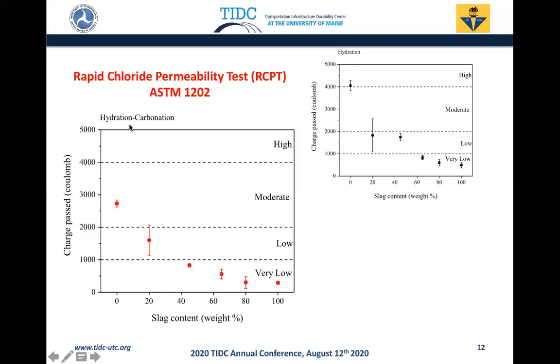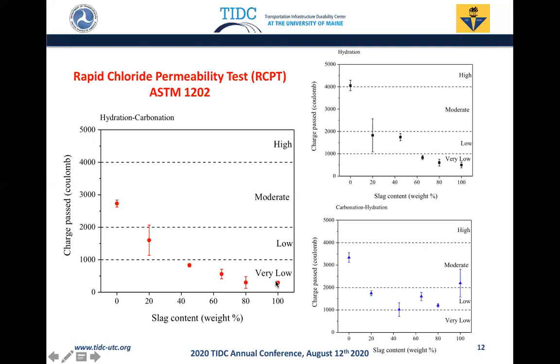The next one shows hydration carbonation. Again, by increasing slag content, we can see improvement in permeability from, for example, moderate to very low permeability, which is good for durability.